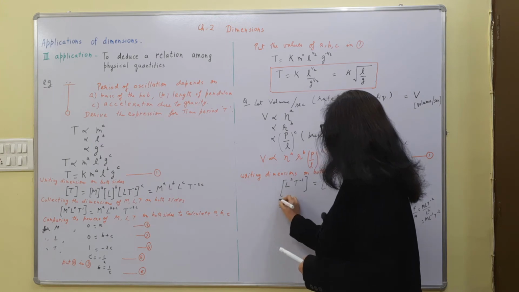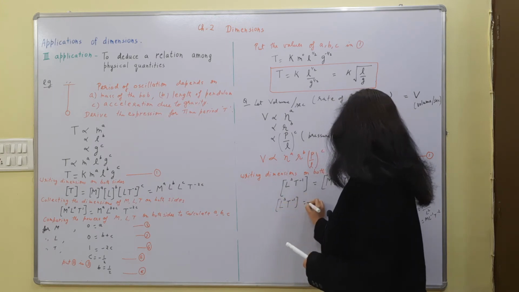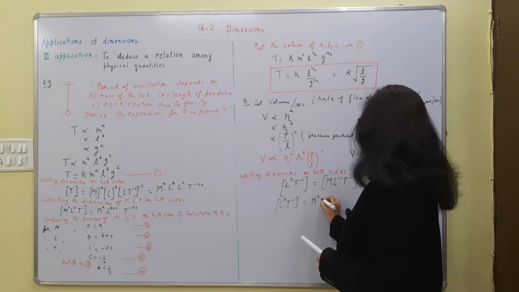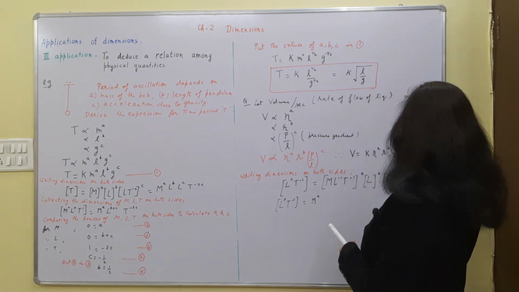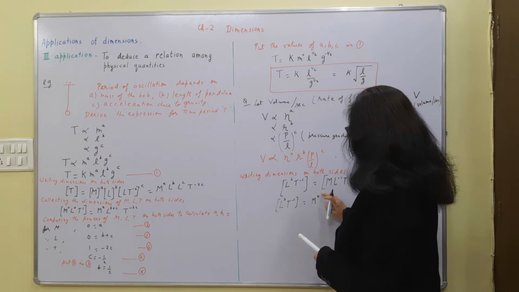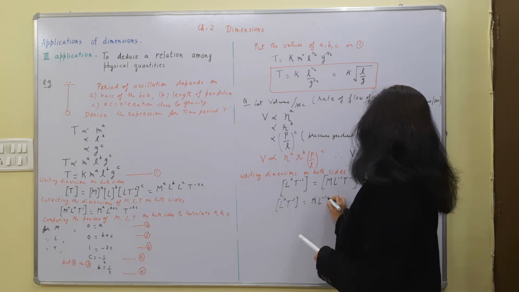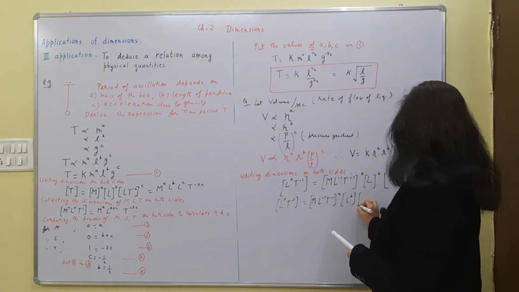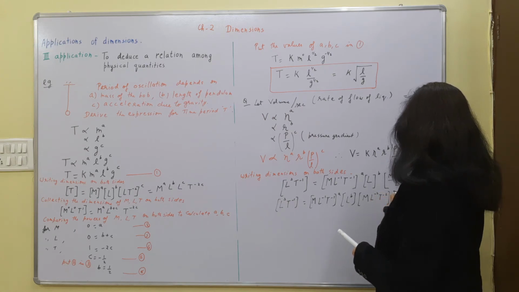L cubed t minus 1 is equal to m to the power a, L minus 1, t minus 1 to the power a, L to the power b, m L minus 2 t minus 2 to the power c.